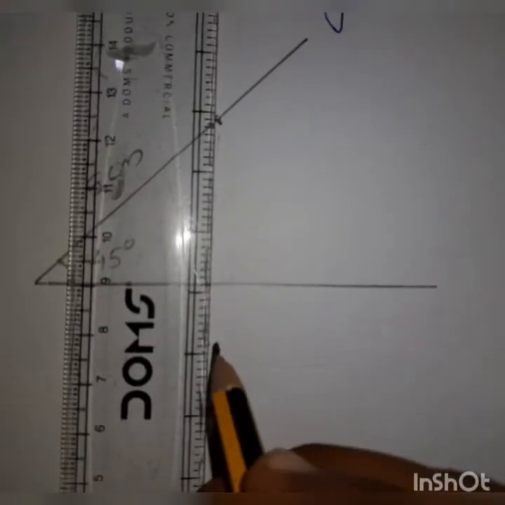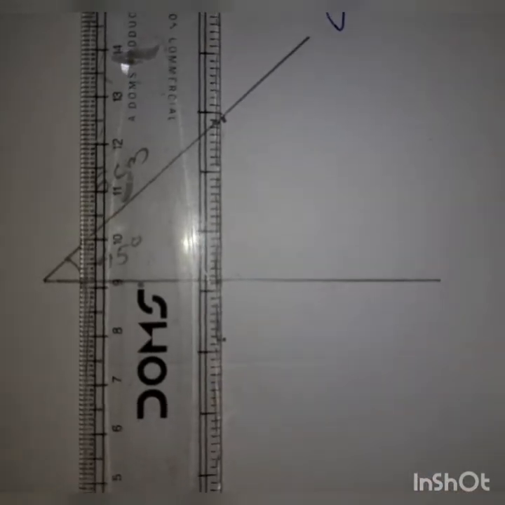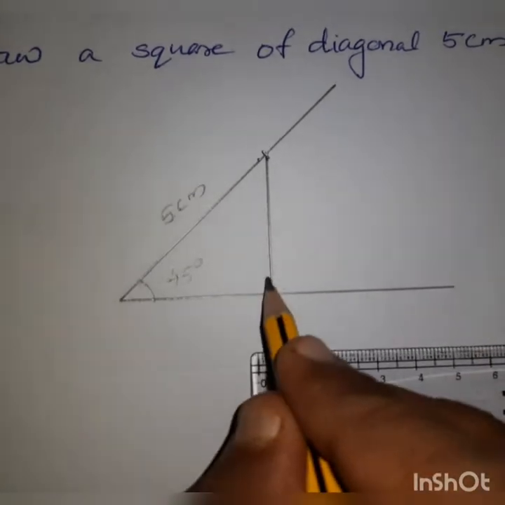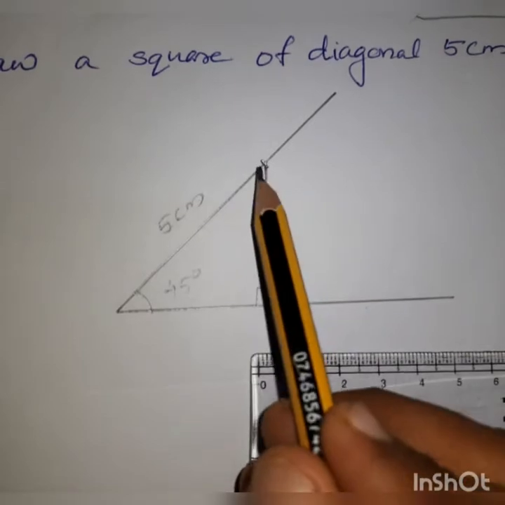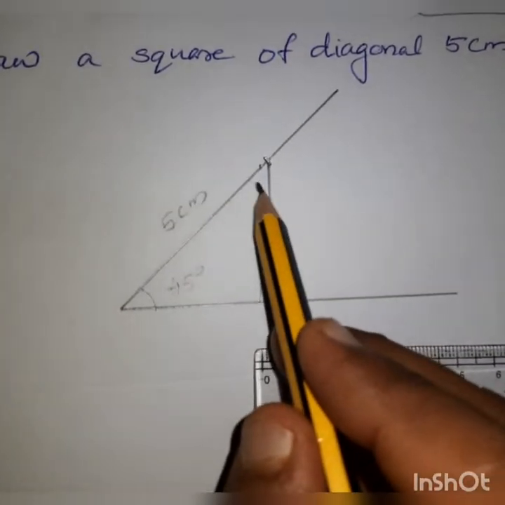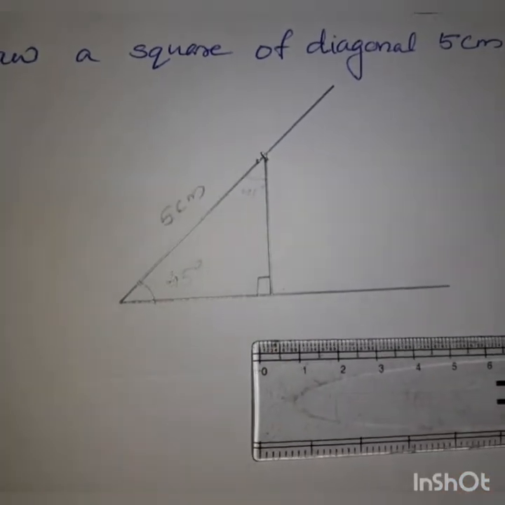From that point you have to draw a straight line. Draw the line, you will get like this. So this is a right angle triangle. This is 5 centimeter, 45 degree. From this angle you take 45 degree and mark the perpendicular length.